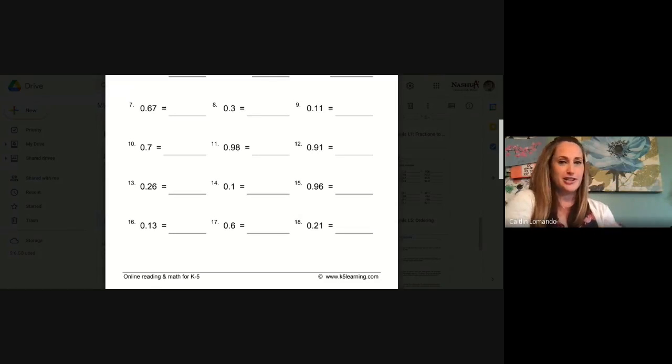All right, let's do a few more. Let's look at 13, 14, and 15. So for number 13, we have 26 hundredths. For number 14, we have 1/10. For number 15, we have 96 hundredths. Let's pause here and see if we can write these as a fraction.